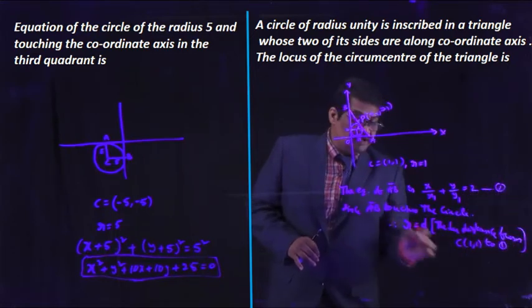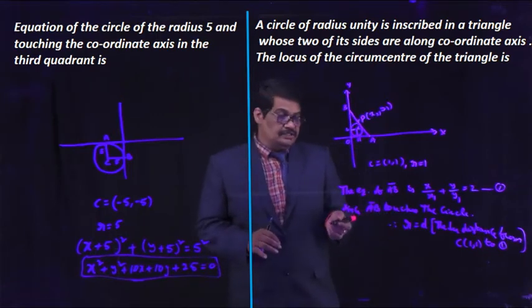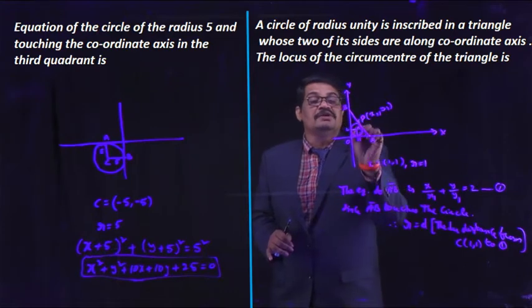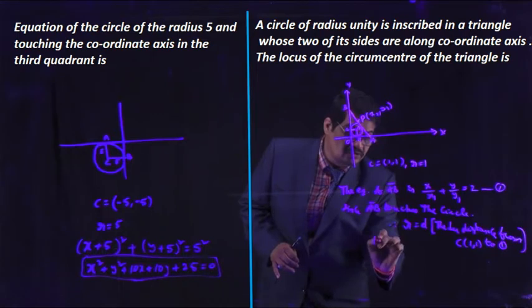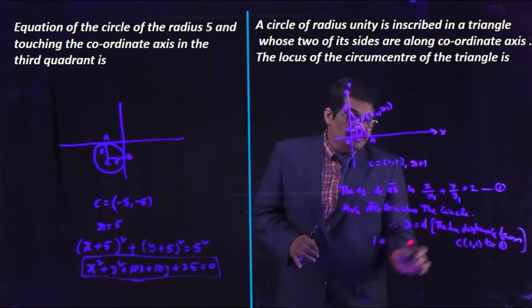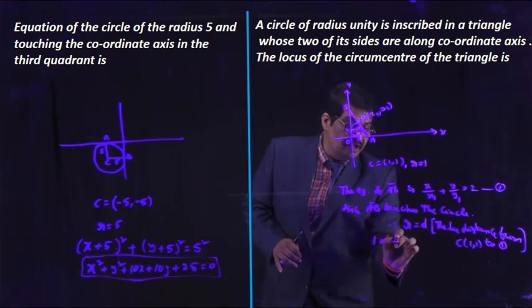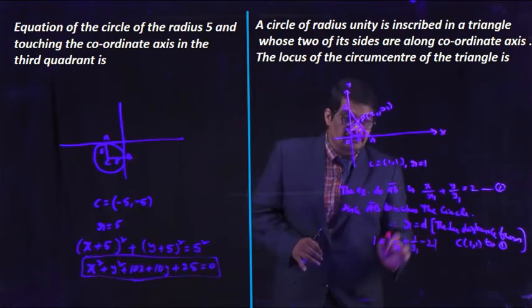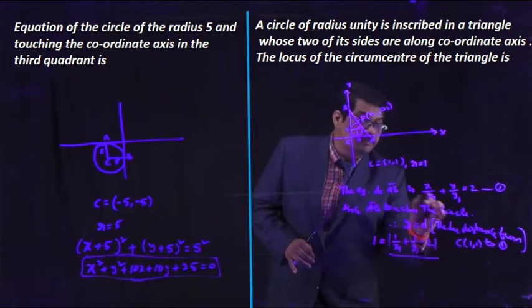Now R is the radius, and D is the perpendicular distance from the center 1 comma 1 to the line. Here R is equal to 1. And the perpendicular distance from 1 comma 1 to equation 1 is the modulus of 1 by x1 plus 1 by y1 minus 2, divided by root of a square plus b square.